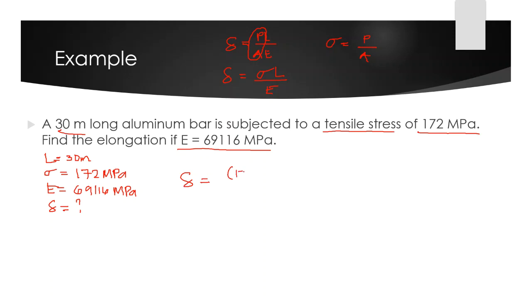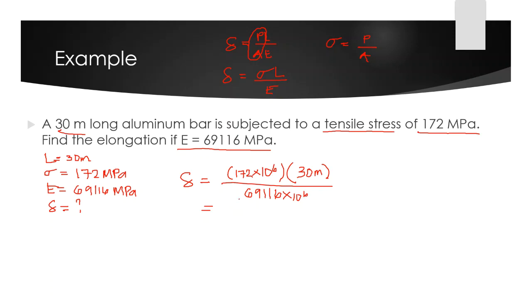So we have 172 times 10 raised to 6 Pascal times the length, which is 30 meter, all over our E, or modulus of elasticity, which is 69,116 times 10 raised to 6 Pascal.